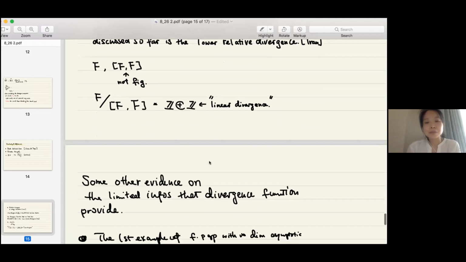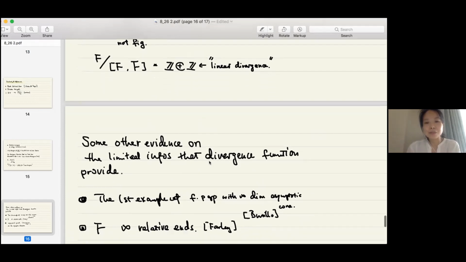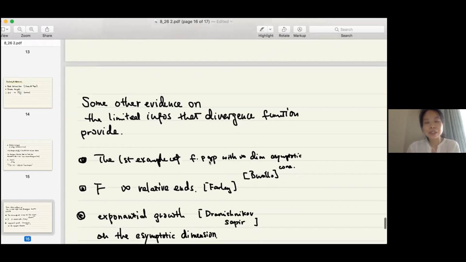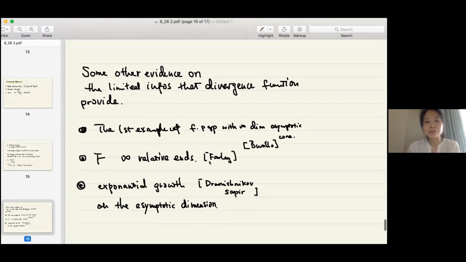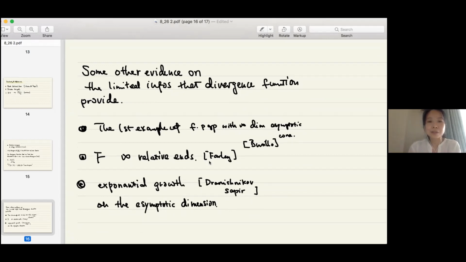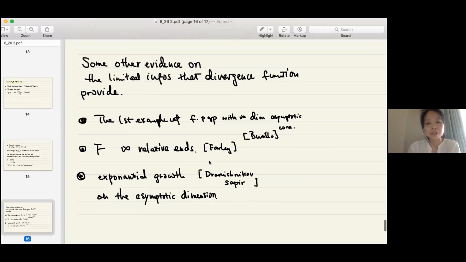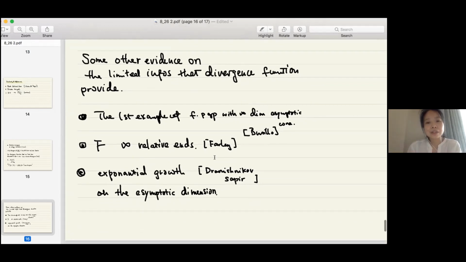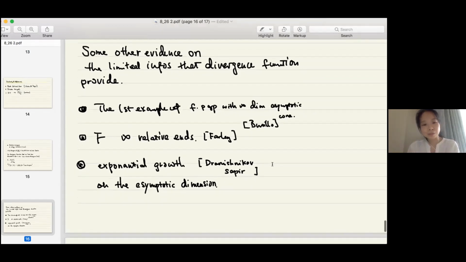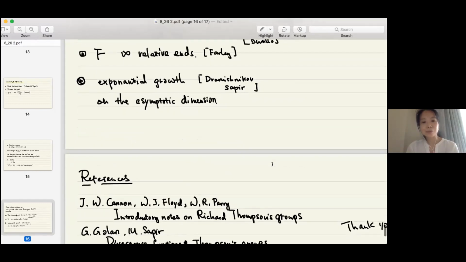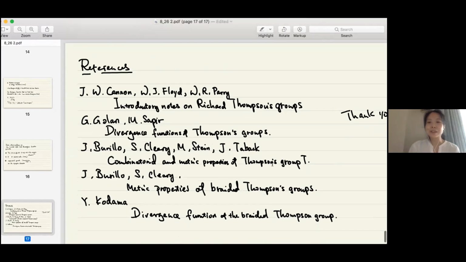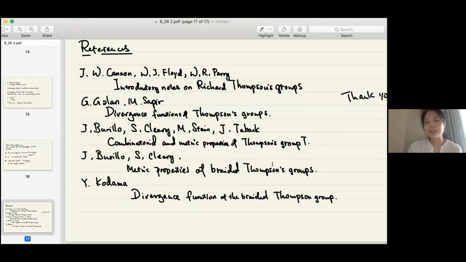And there is also some other evidence that really reflects this limitation of looking at divergence functions. So I think there's probably much more to be explored. Yeah, that's more or less what I want to talk about today, and I'm happy to take any questions and comments.